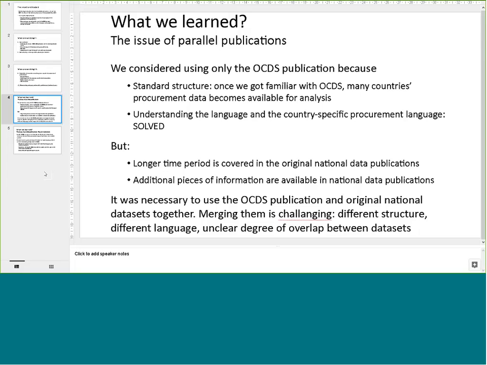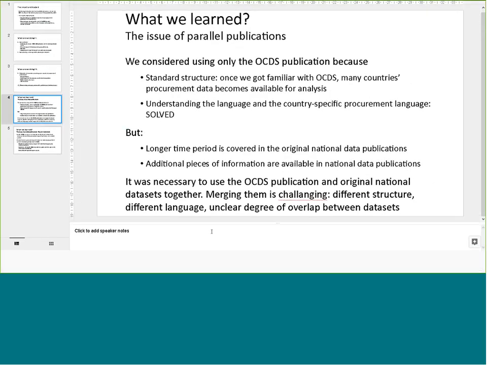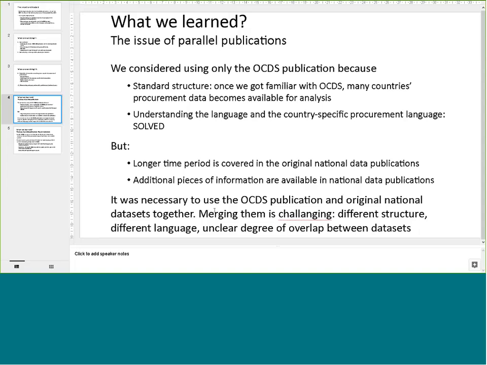And I have to say that it's very common that bulk download in CSV or JSON is not available in most countries. We really have to scrape data from HTML pages. So compared to this, the downloadable Excel and CSV files and the OCDS publication in the countries we analyzed are incomparably easier to use.